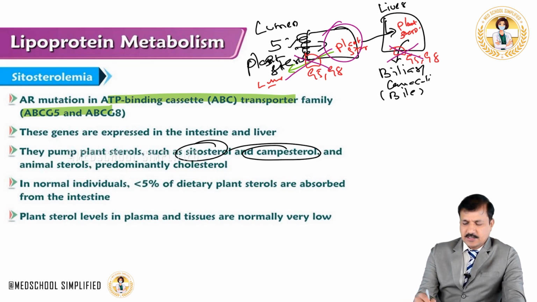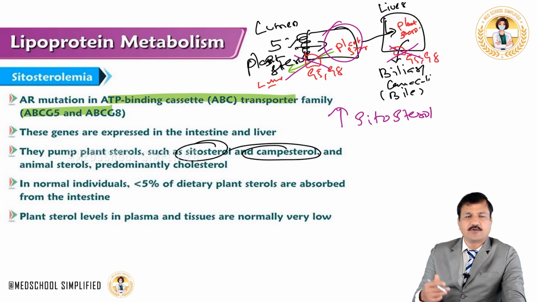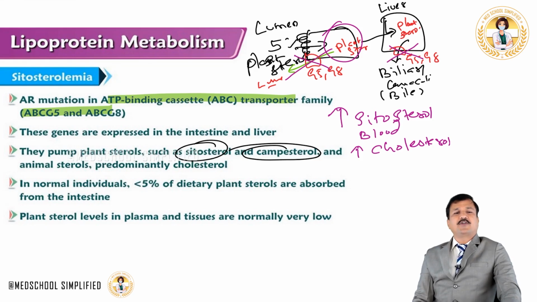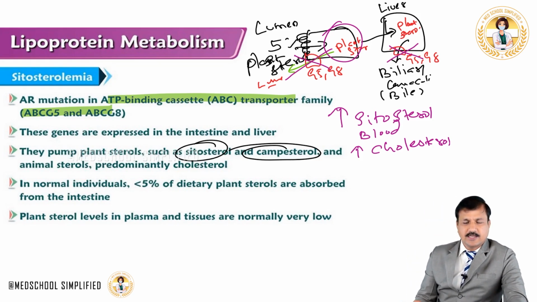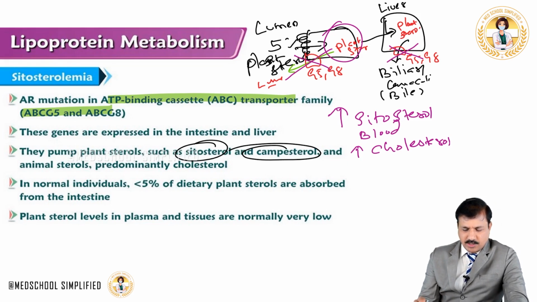So there will be an increase in the level of sitosterol in the blood, because it is part of VLDL, IDL, LDL, along with an increase in cholesterol, because whenever there is a defect in the trafficking of sitosterol, this will also lead to a defect in the trafficking of cholesterol. So cholesterol will also rise. Like this, there will be a rise in plant sterol along with the cholesterol molecule.